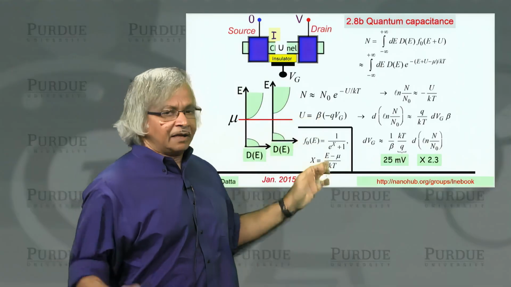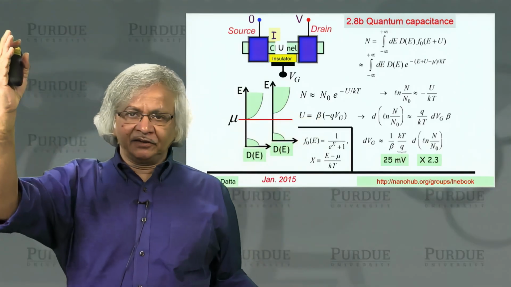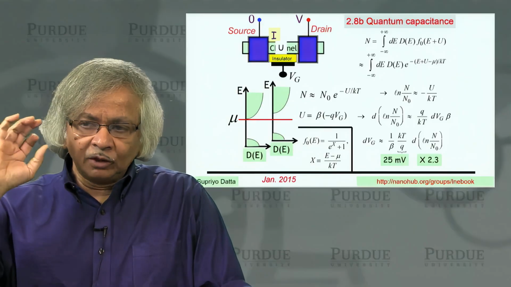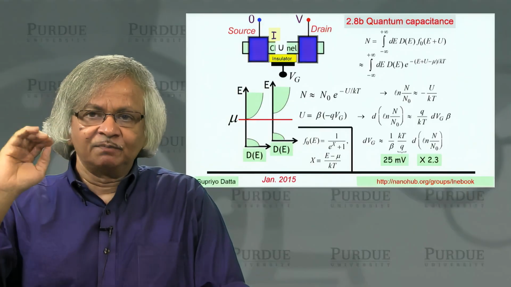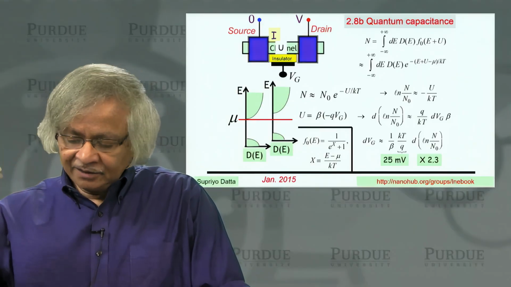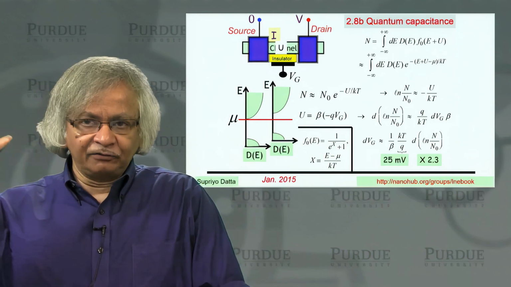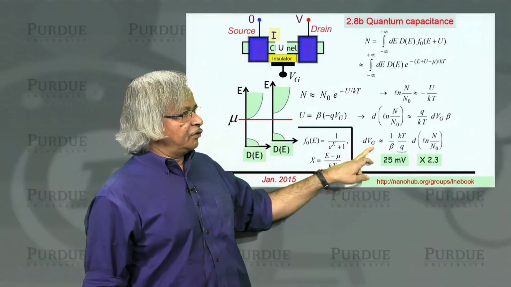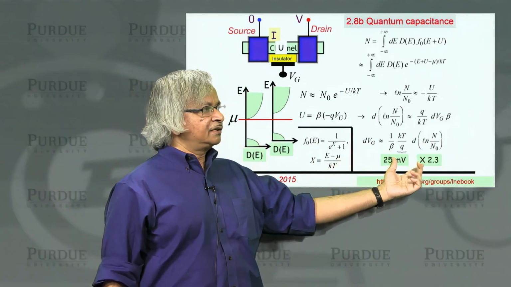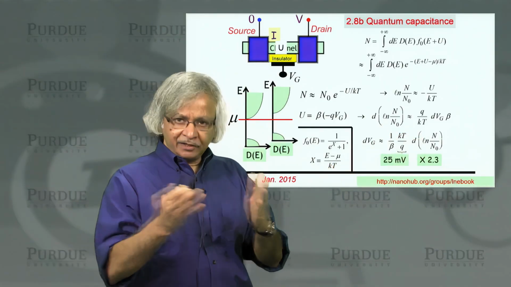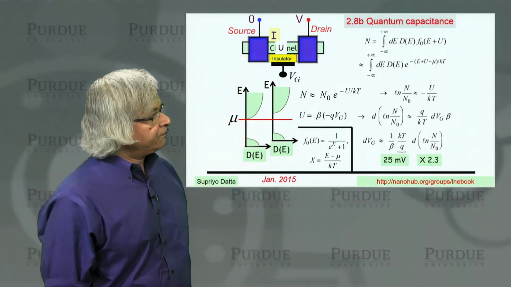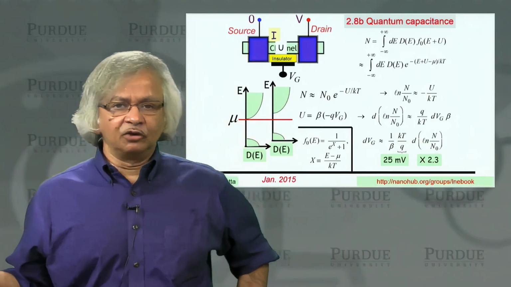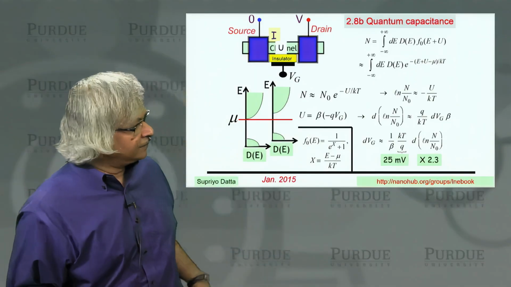So the number that all the experts carry in their head is that ideally what you need is 60 millivolts per decade. Decade meaning a change by a factor of 10. So the change in the gate voltage is 60 millivolts in order to change things by a factor of 10.